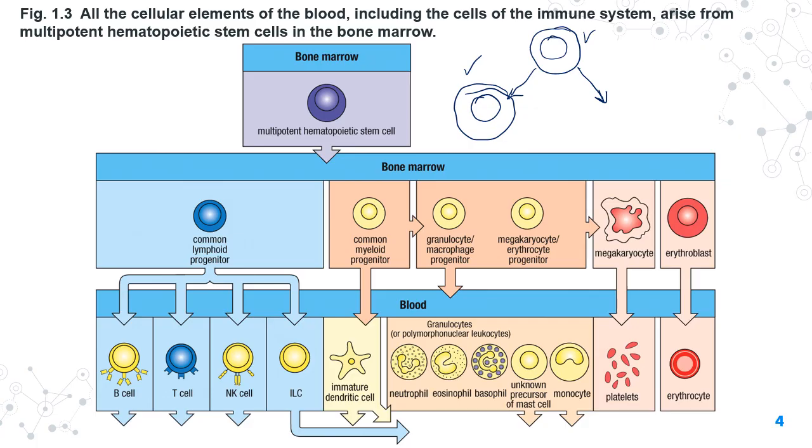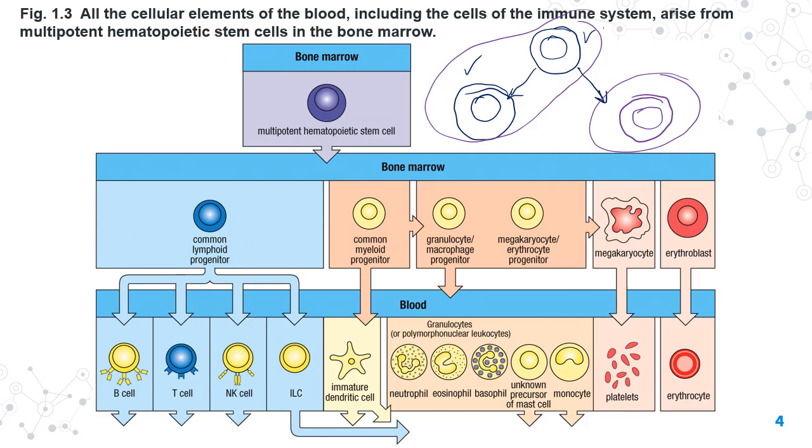The other cell is going to become a precursor cell and is going to decide what it is going to become later. So when you need to produce blood cells, you're going to have your stem cell that is going to renew itself and is going to give you a precursor cell that is going to be able to further differentiate.